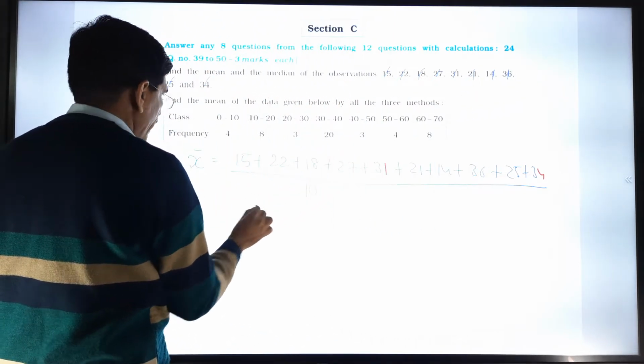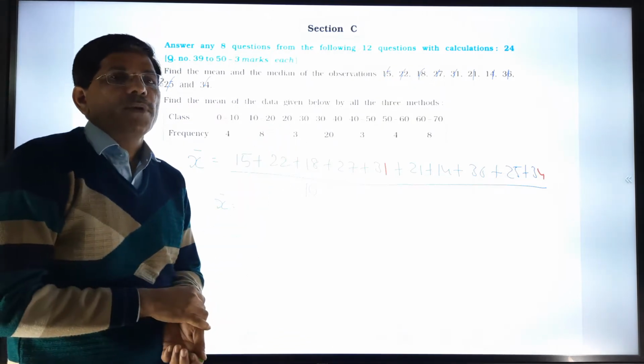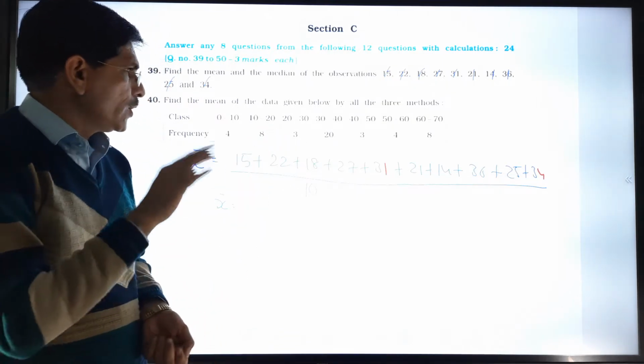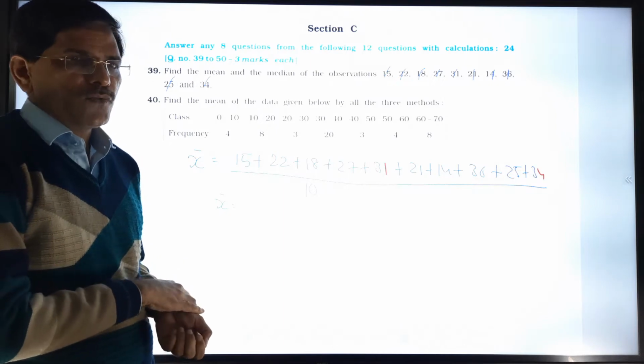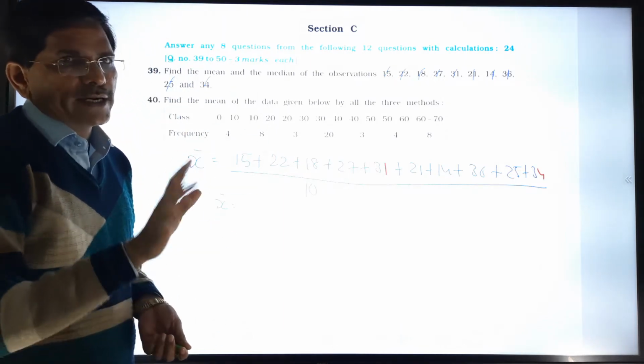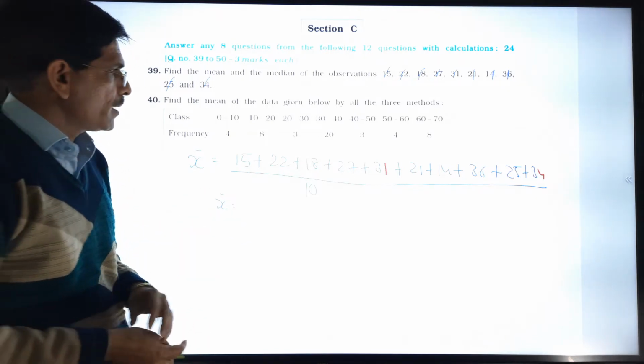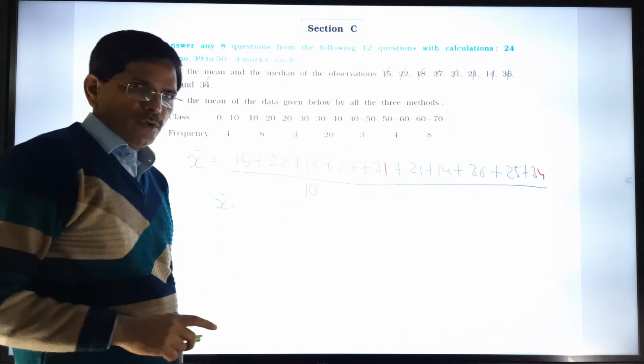So I have to divide it by 10. Now what is important is the way you are doing the addition. Remember it every time. If you make a mistake in addition, you will not get the correct answer. So always remember, first get the tens values.